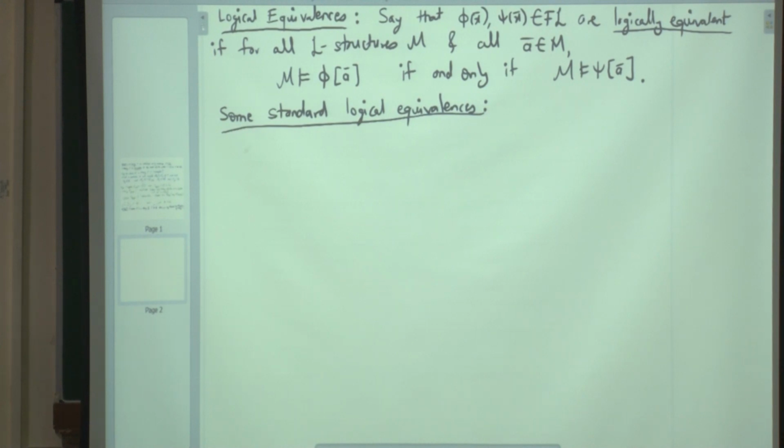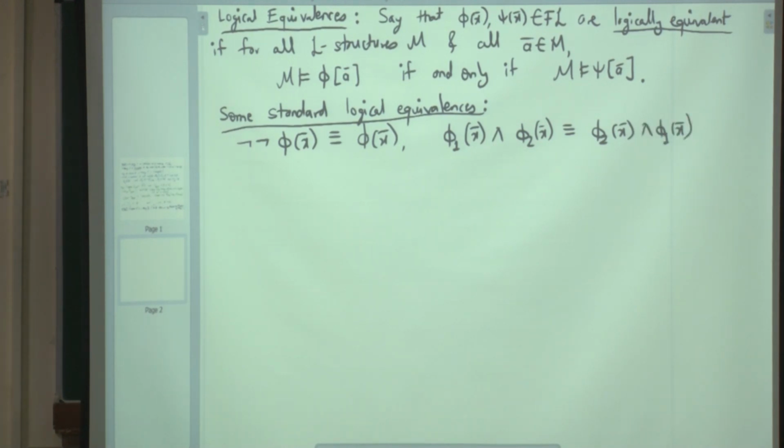So, what can you say about double negation of phi x bar? What is it logically equivalent to? Phi. Okay. Phi 1 x bar conjunction phi 2 x bar is logically equivalent to phi 2 x bar conjunction phi 1 x bar. So conjunction is commutative up to logical equivalence.